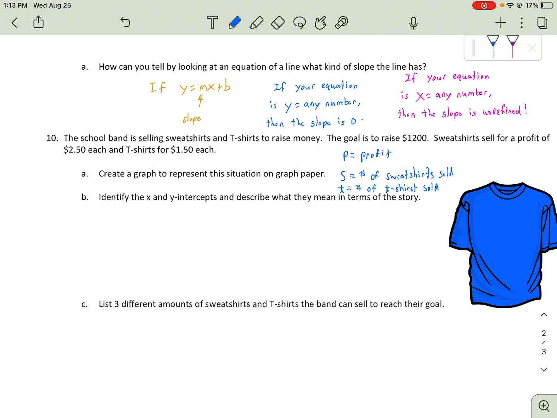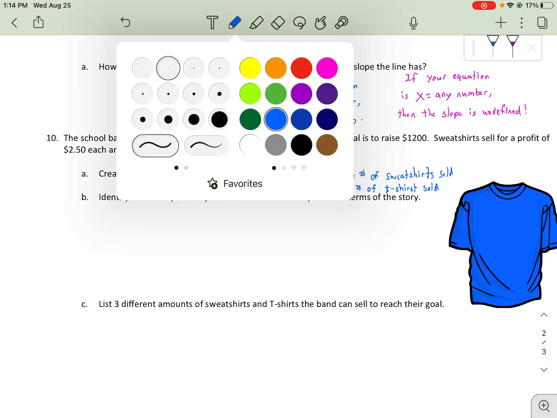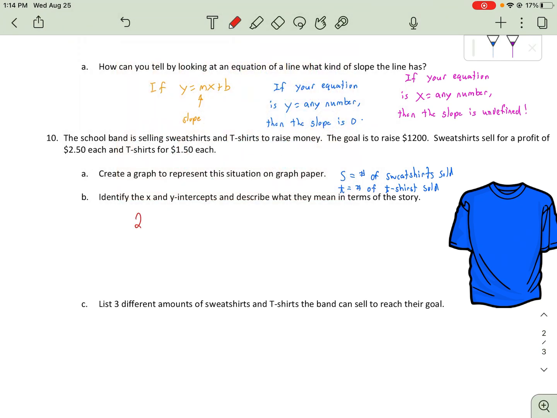So then, I'm going to erase this. I don't think we need P equals profit. So what we want is to raise $1,200. We're always going to make $2.50 on sweatshirts, so you have $2.50 times the number of sweatshirts plus $1.50 times the number of t-shirts sold, and we want that to equal $1,200.